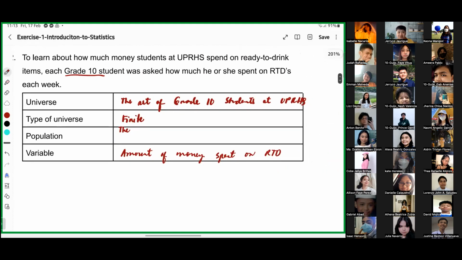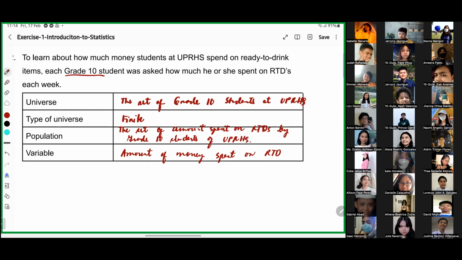The set of money amount spent on RTDs by grade 10 students at UPRHS. All right, thank you.